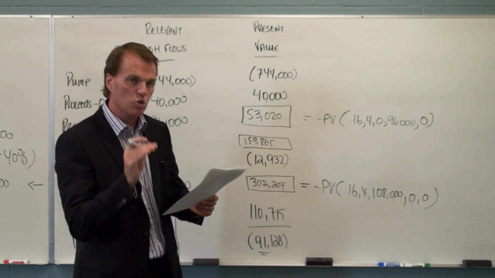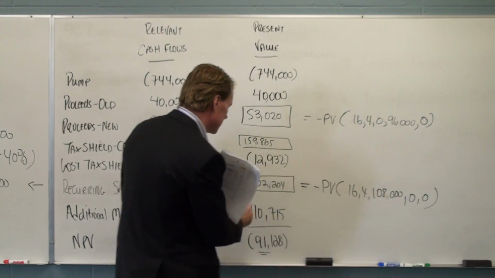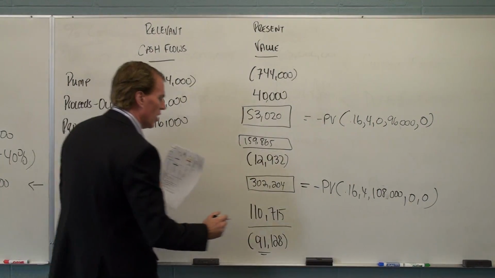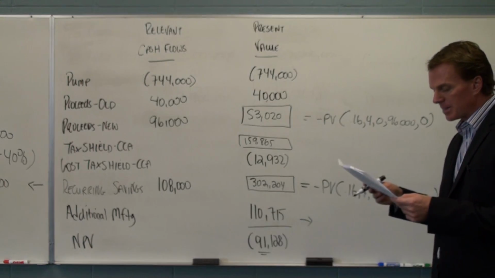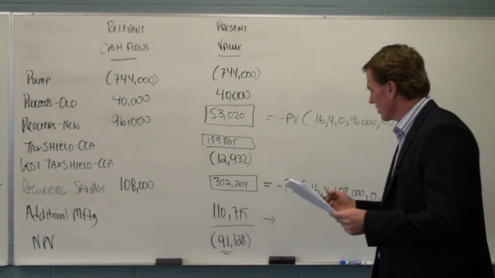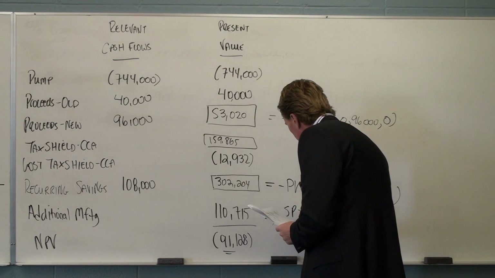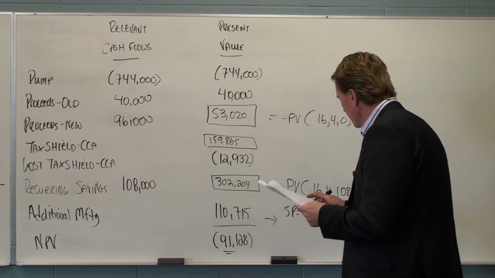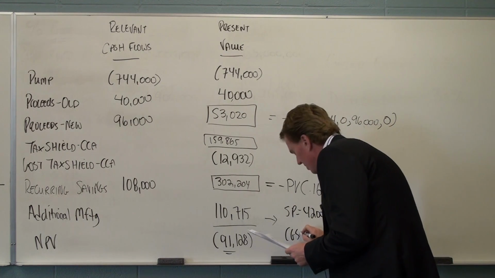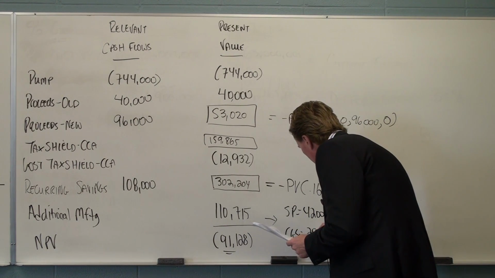Now, one of the little trickier areas in this calculation is the following. You're told that you have selling price equal to $4,200. And your cost of goods sold is currently $2,940.